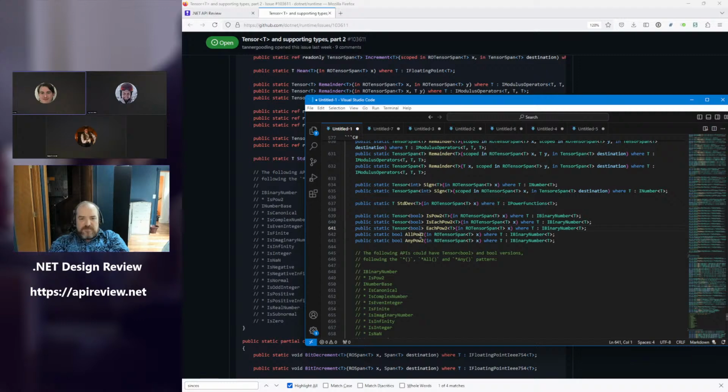It's a type of scalar even if it's multiple elements within one unit. But for tensor, we do need to have the all and any variants, and I don't have a strong preference if we want to deviate here, if we want to call them all POW2 or is all POW2 or are all POW2. I don't have a strong preference on what we decide there for the all and any for these variants.